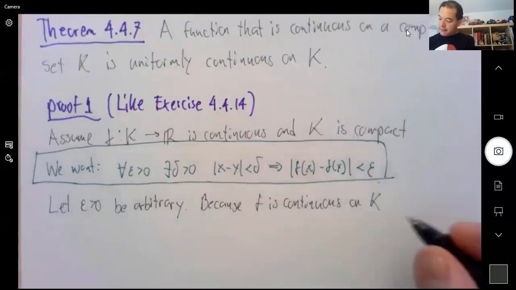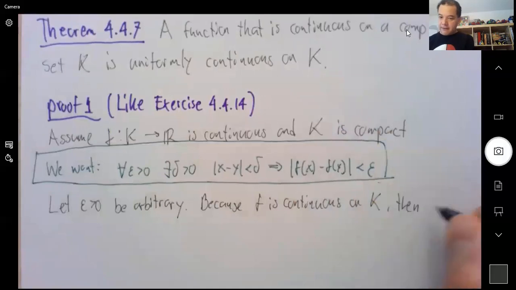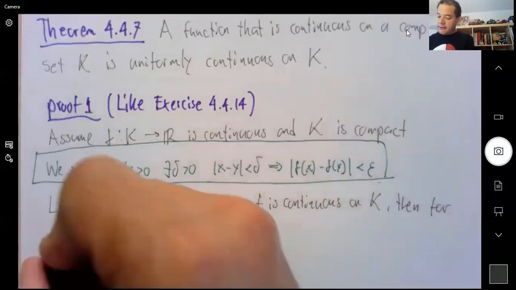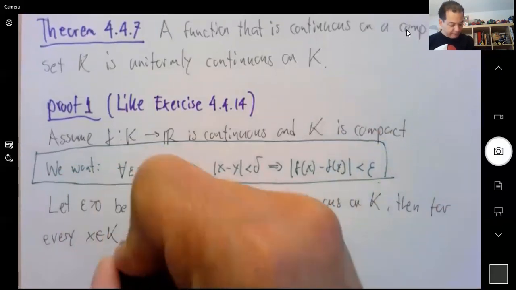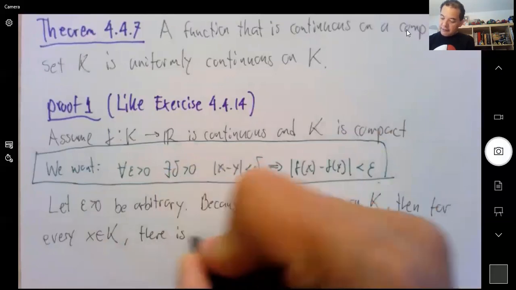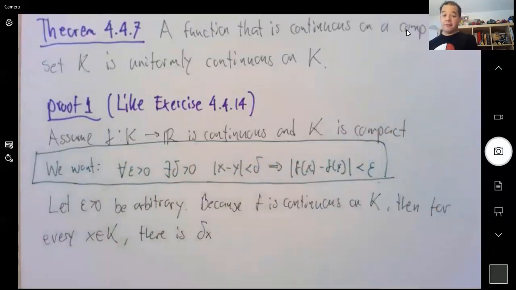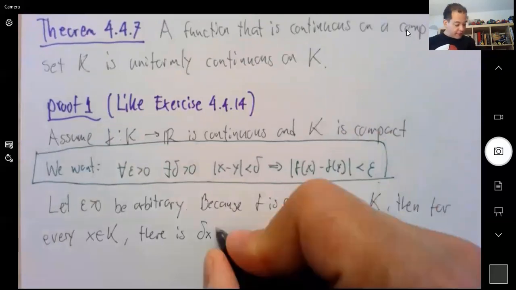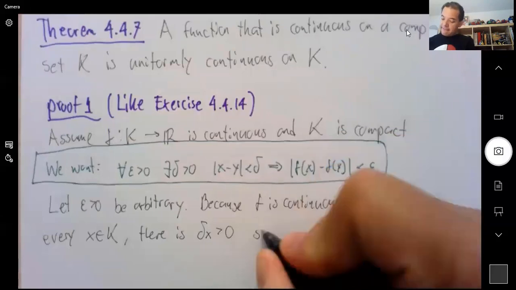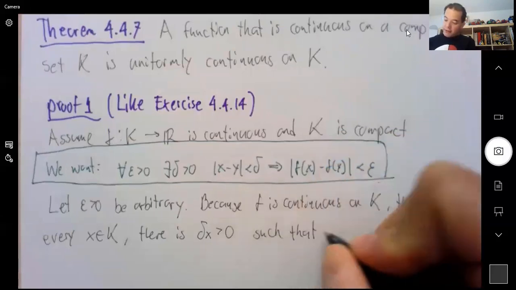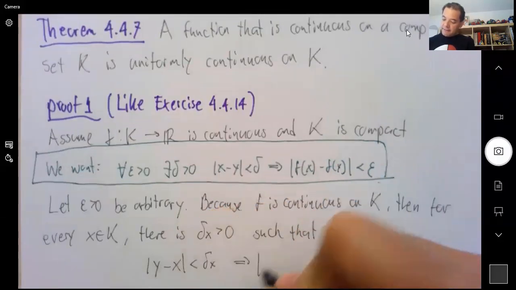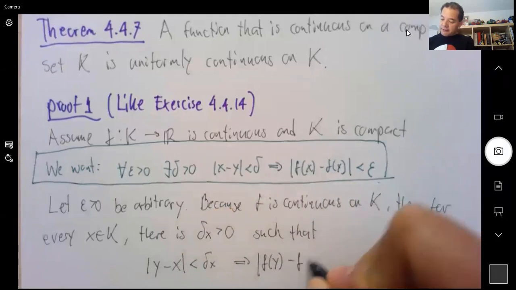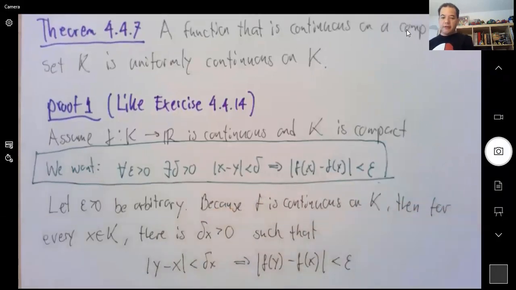Then for every x in K, there is some delta, and I'm calling it delta x because this delta may be different for different x's. There is some delta x greater than 0, such that if |y minus x| is less than delta x, then |f(y) minus f(x)| is less than epsilon. So this is great.